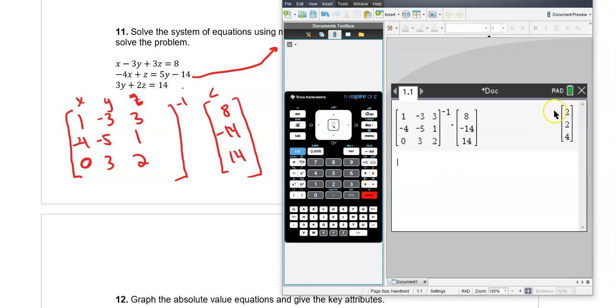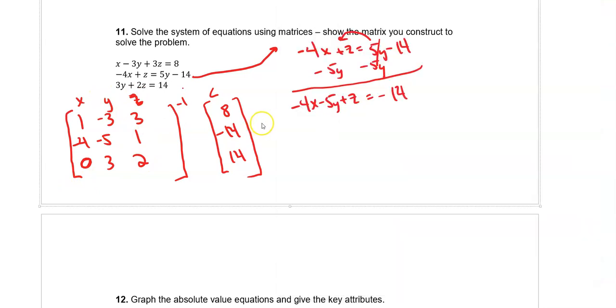And remember, they always write the answers X, Y, Z, or A, B, C, or R, S, T, whatever the variables are, but it's whatever order you put them in over here, X, Y, Z. So my answers are 2, 2, 4, and that is X equals 2, Y equals 2, Z equals 4 is my final answer on this question.